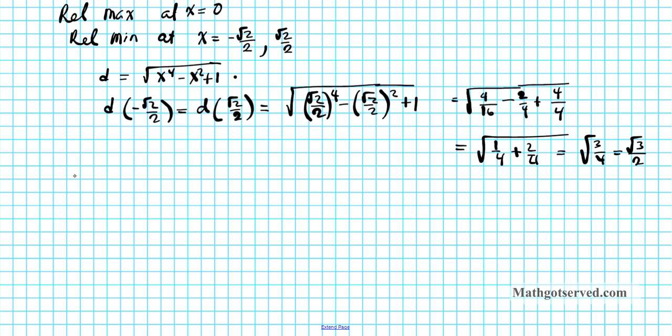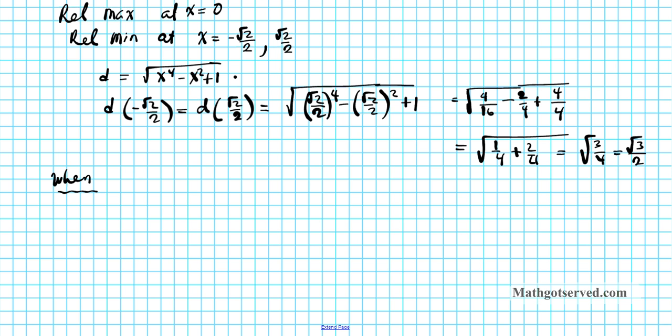All right, so what are the points? We know the x-coordinate of our points, but we also need the y-coordinates, right? Remember, the question asked for the points that are the minimum distance to 0, 2. We know what the distance is, but we actually have to figure out what the points are.